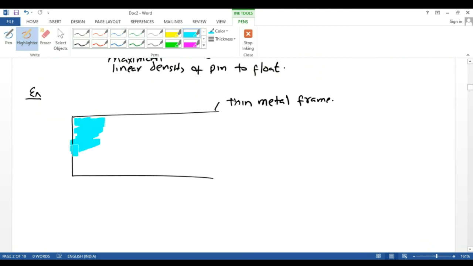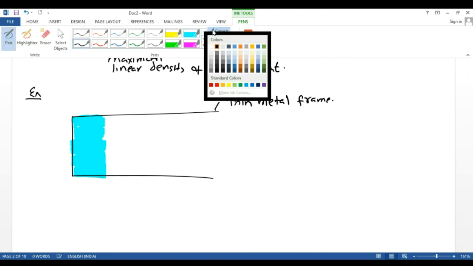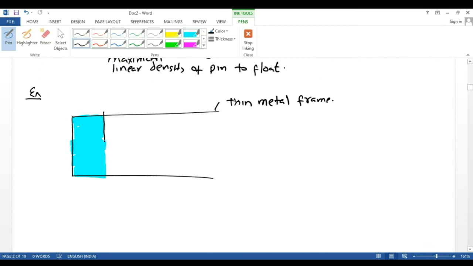So maybe we have a soap solution here, right? And let us say that we have this movable pin, again of very small cross section compared to its length.